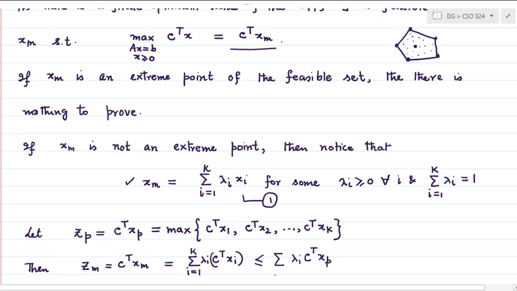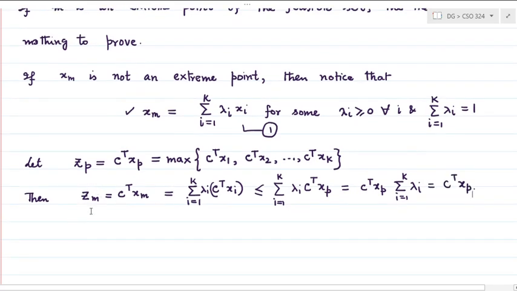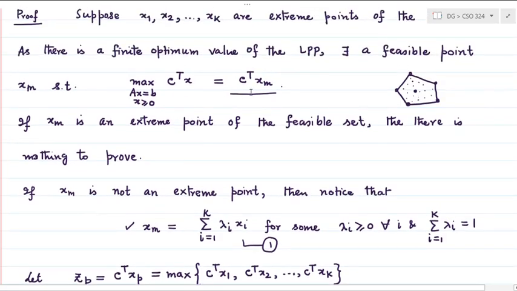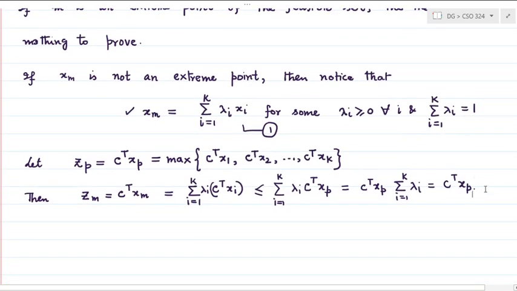Then you take the summation on both sides, i equal to 1 to k, and this equals C transpose xp, which is not dependent on the variable i in the summation. So it is C transpose xp times the summation i equals 1 to k of lambda i, which is equal to 1, therefore C transpose xp. And therefore you notice that this Zm value, which you have assumed the maximum most value, is less than or equal to C transpose xp.